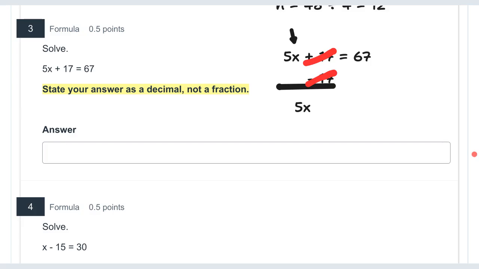Since I subtracted 17 from the left side, I also have to subtract 17 from the right side. When I subtract 17 from this side, 67 minus 17 is 50. More importantly, I can put the equal sign back between these two. So then I have 5x equals 50.